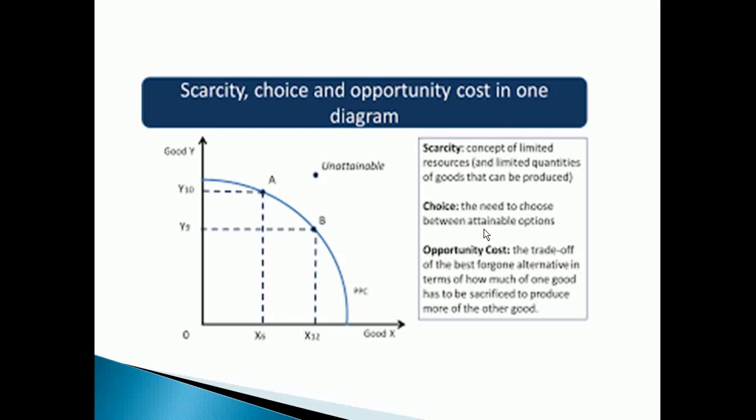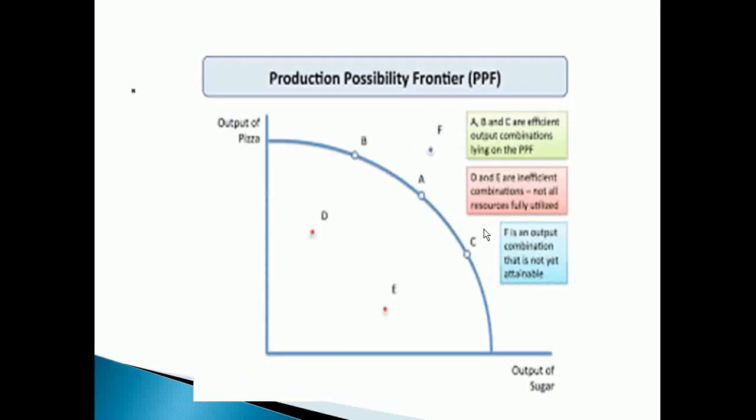That means we have more of good Y, I beg your pardon, and less of good X produced. There are three combinations on the production possibility frontier or production possibility curve. Remember that the assumption of the PPC is that the resources are scarce and limited, and there are only two goods.